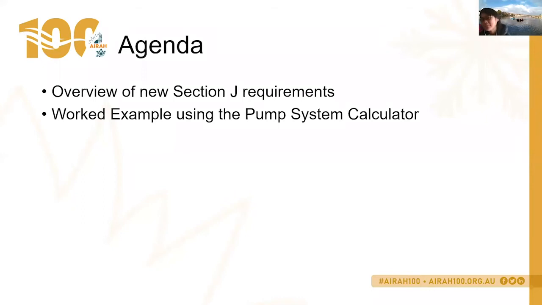And then in the second part, I'm going to go through a worked example using the pump system calculator, which has been developed by the ABCB. You can go through manual calculations yourself if you like, but the pump system calculator really makes it a little bit easier for you to show compliance for DTS.